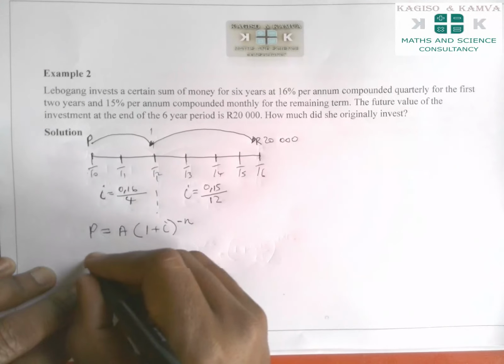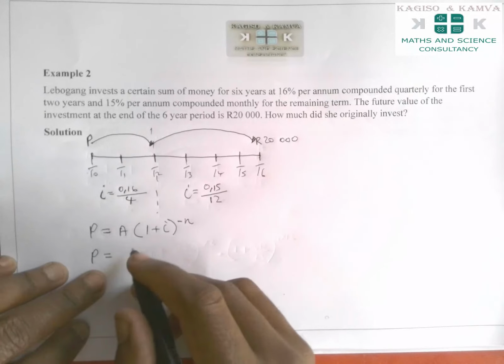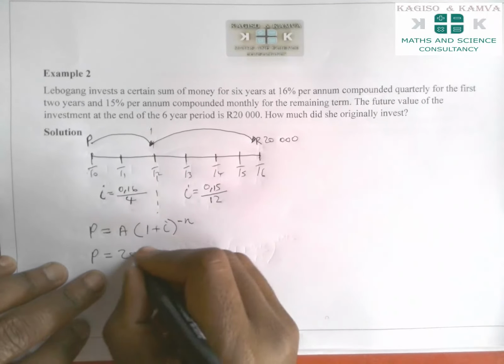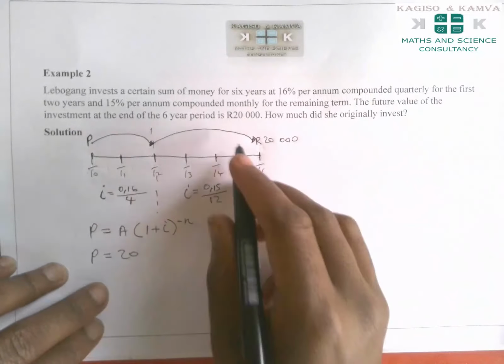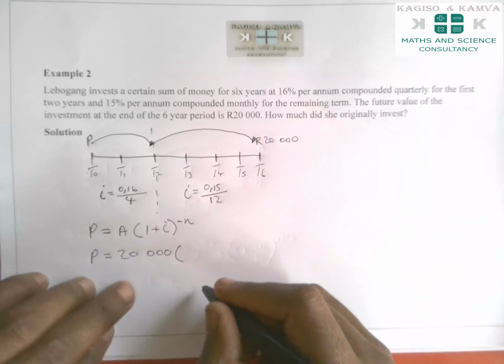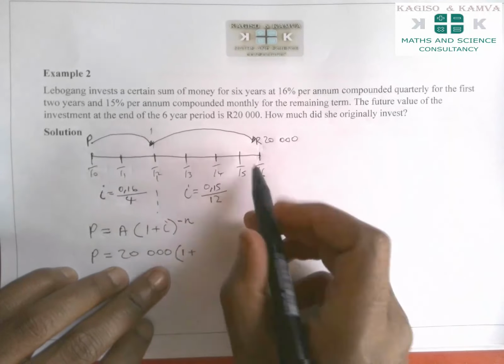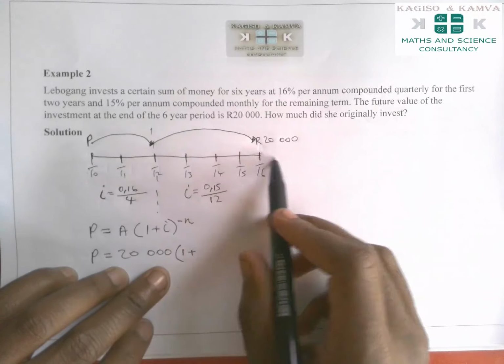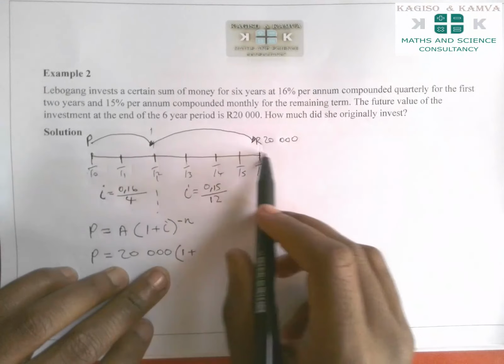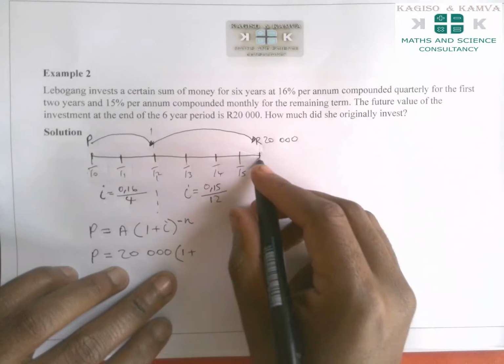So this is what we're going to have. Now we're looking for P. What is P? Our present value is going to be the accumulated amount, 20,000, and then we've got 1 plus, because we're moving from here to there. What is the interest rate from here to there?